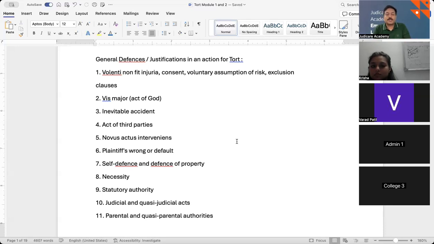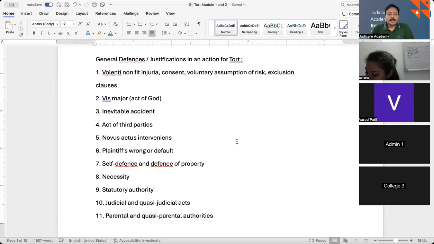But the famous case law for exclusion clause is there, where you exclude yourself. So this is something through a contract. Photo Productions Limited versus Securicor Transport Limited, 1980.